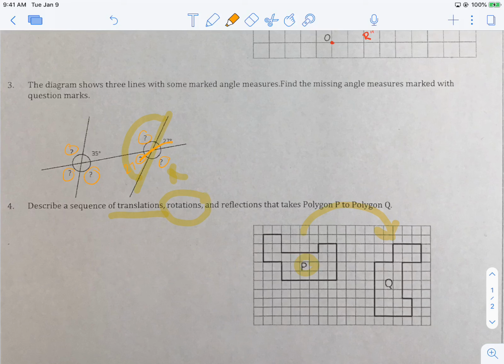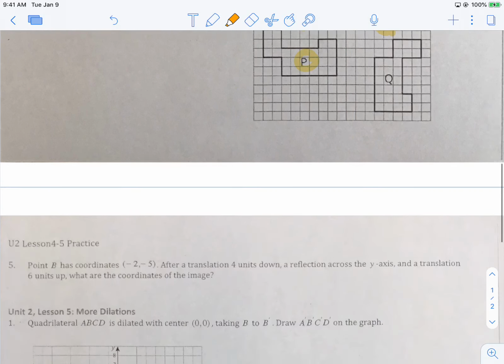Rotations, we have to have a point we're rotating around, so we have to know what point that is. We also have to know which direction we're rotating, clockwise or counterclockwise, and we have to know a degree that we're rotating. So you have to make sure you have all three of those things. With reflections, we have to know what axis we're going over, whether it's X, Y, or just a random line somewhere that we drew in the middle and named something. So you have to decide what that's going to be, so this is prior knowledge.